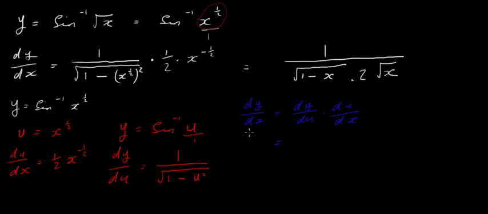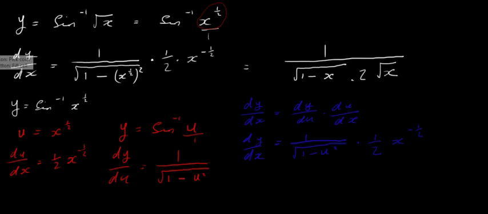If I stick in the dy du and the du dx, which I've already worked out here, let's see what I get. dy over dx is equal to dy du, that's 1 over square root of 1 minus u squared. That's the dy du part. I've got to multiply that by du dx. Well, du dx is this bit here, so that's half x to the power of minus half.